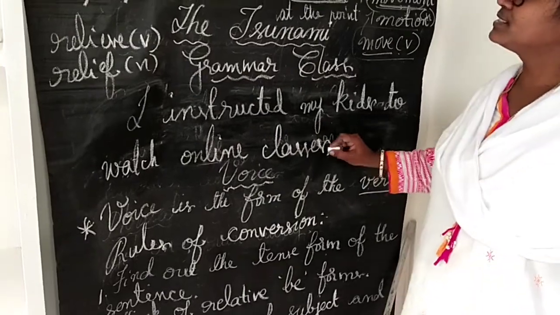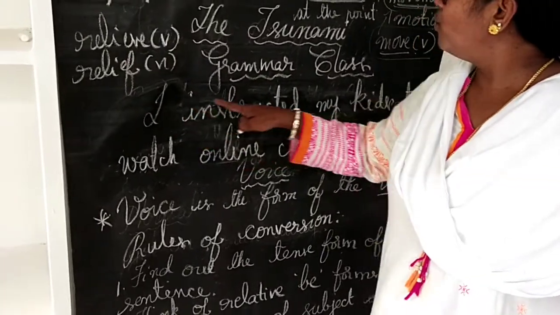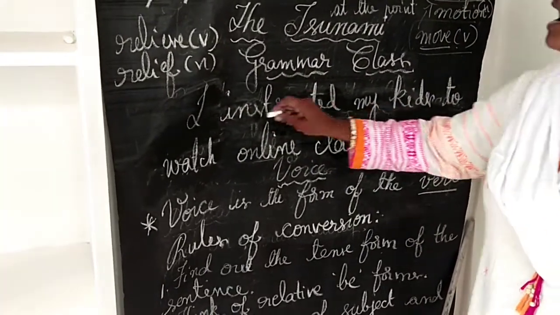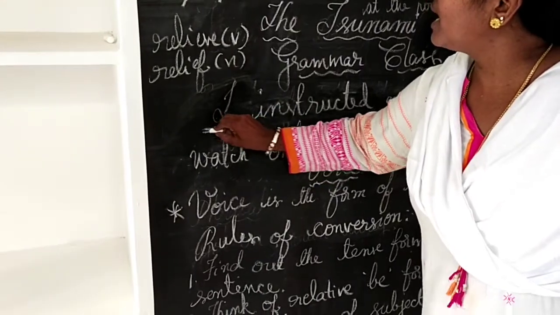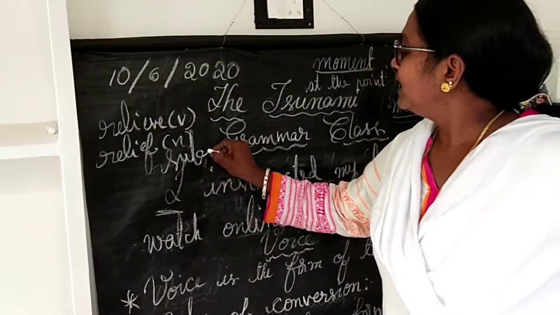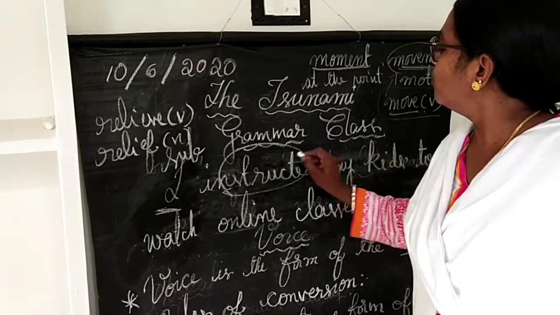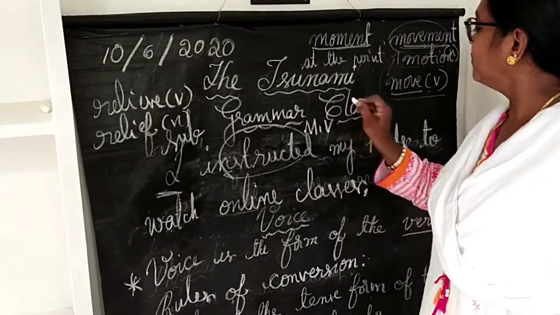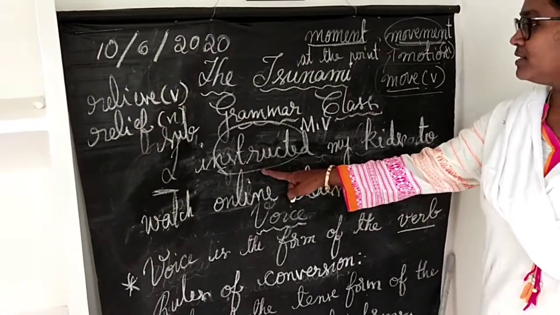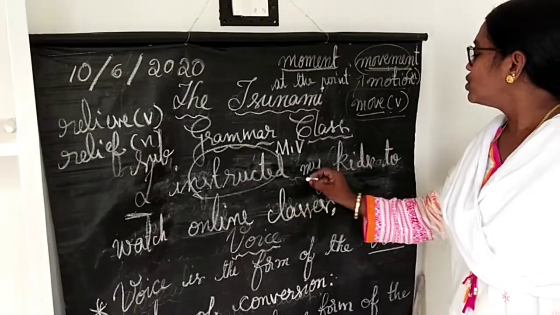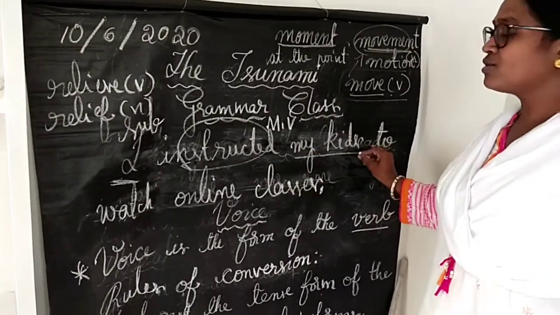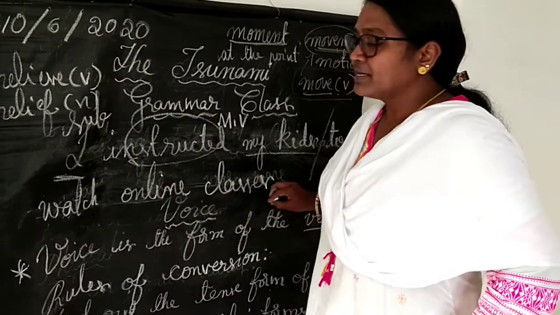This is one sentence. Here, who is the doer? Who gave the instruction? I instructed. Who is I? The subject. Instructed is the main verb, MV. To whom did I instruct? To my kids. For what? To watch online classes.